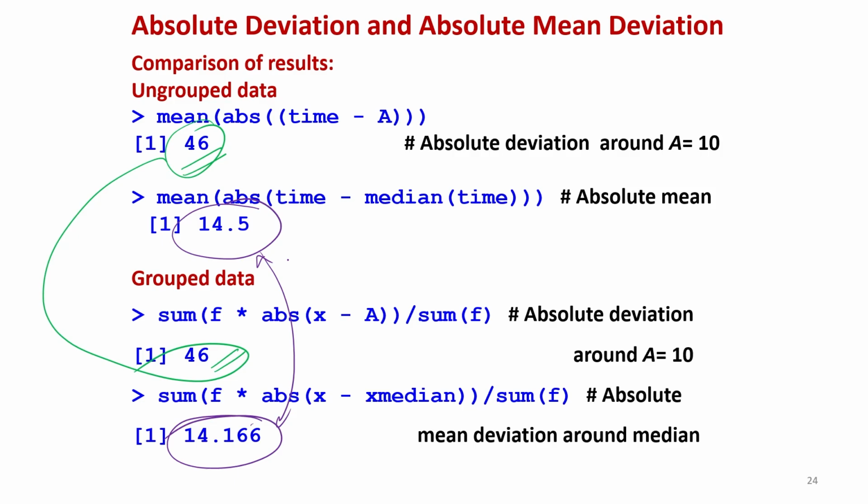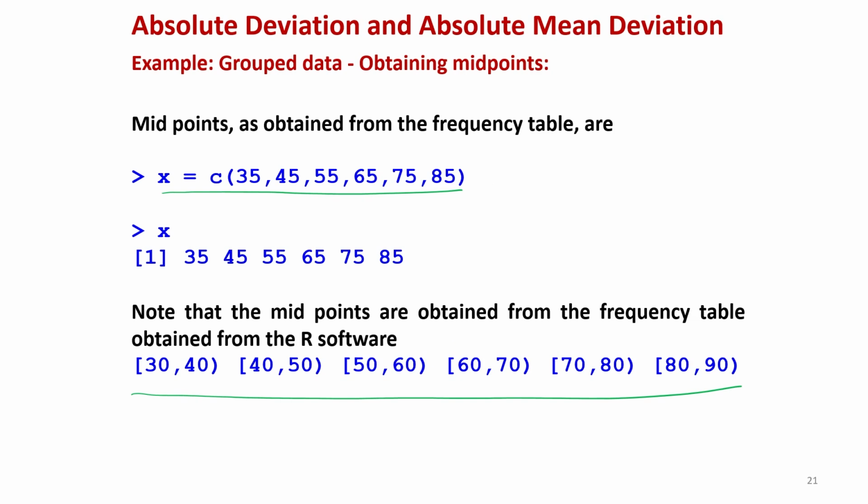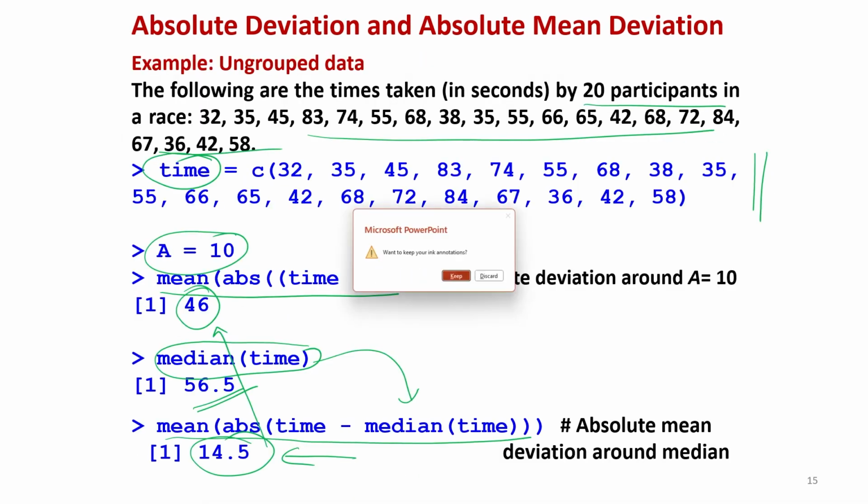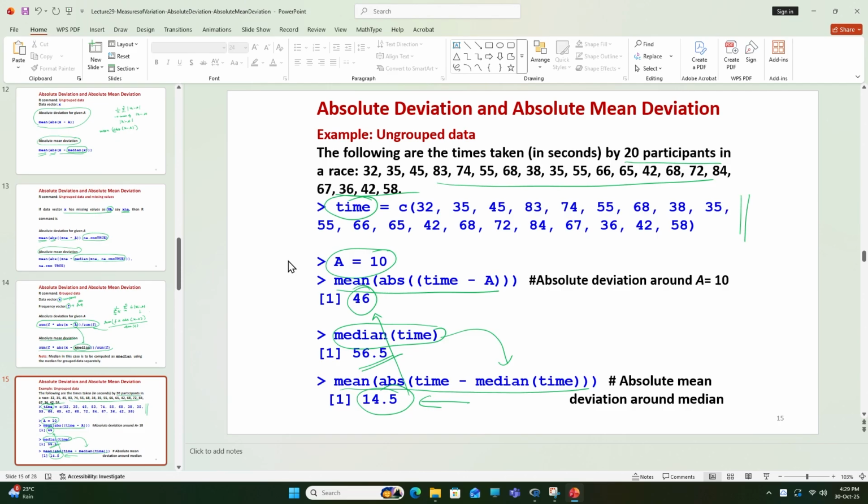So you can see that there is not much difference. And when you go for some bigger data set, as in the case of data science, these values will have much lower difference, and that difference may not be significant.